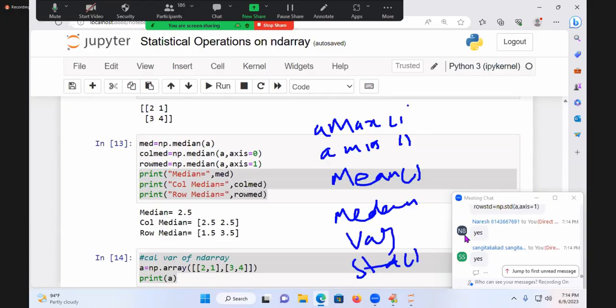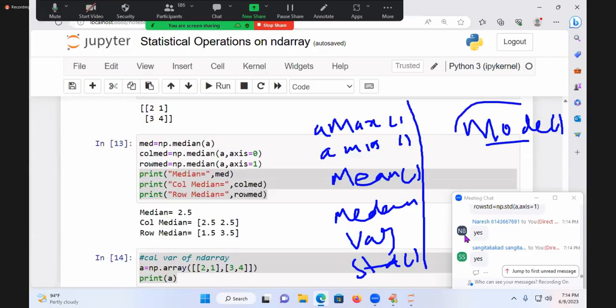Which one did you learn in school days? Mode is also there, or not? Mode is also there, but do we have mode here? Why not? Sir, you did not write it. So in the NumPy module, mode is not there.